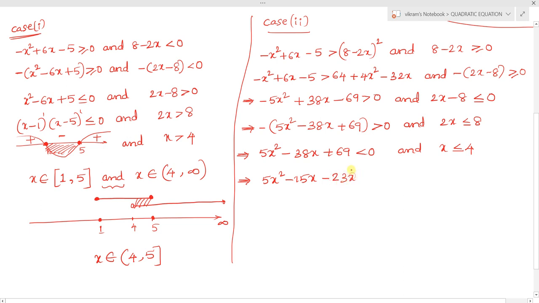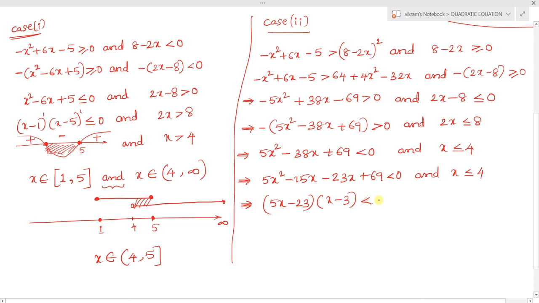Then we can factorize here. I am writing it as 69 less than 0 and x less than or equals to 4, and I am directly writing the factors as (5x minus 23)(x minus 3).